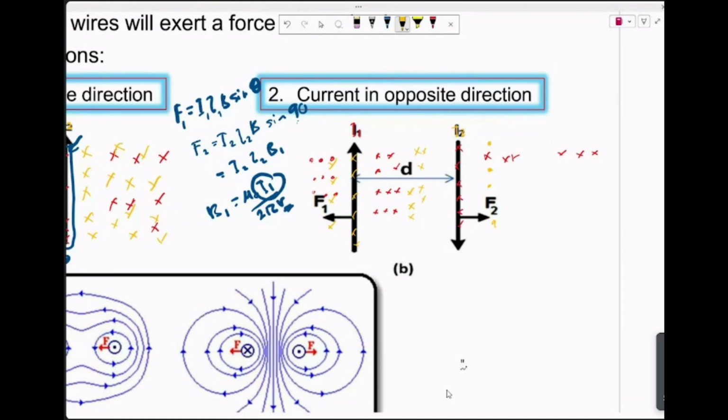Rotate until your middle finger points to the direction of I1. Now you have your index finger pointed towards the direction of the magnetic field, which is into the page, and your middle finger pointed to the direction of the current, which is upwards. Once you have both fingers ready, you can bring your thumb out, and it will point to the left as in the figure.